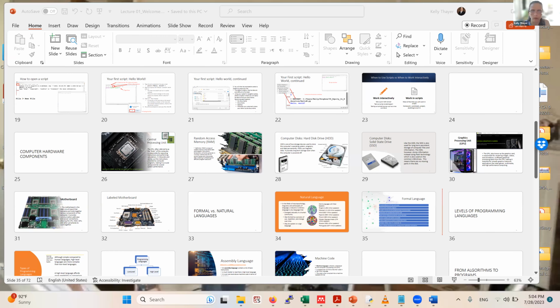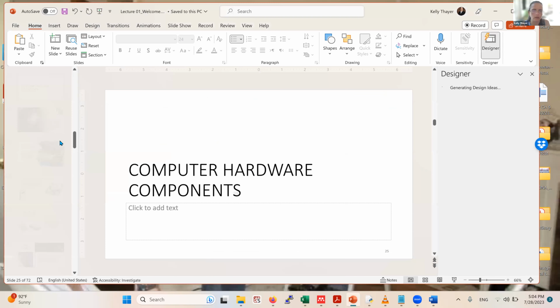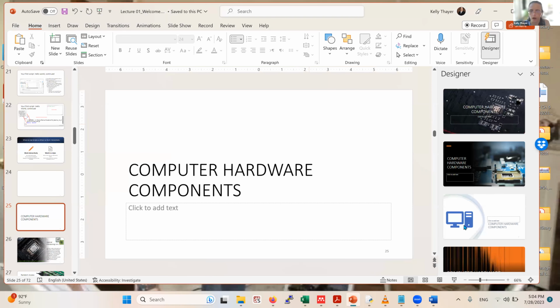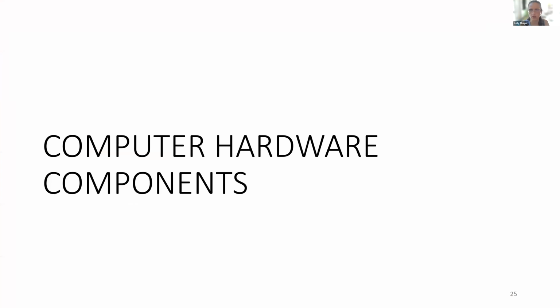All right, so we have been talking about how to work with Python, how to acquire Python, and we have taken a look at how to write some scripts, working in the scripts versus working in the interactive interpreters. So that's all terrific. But of course, one of the things we want to understand is how do programs actually work?